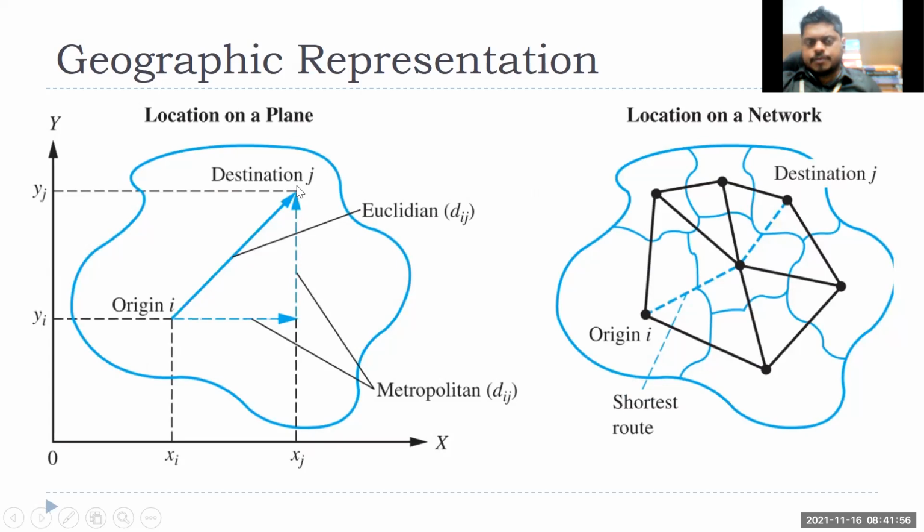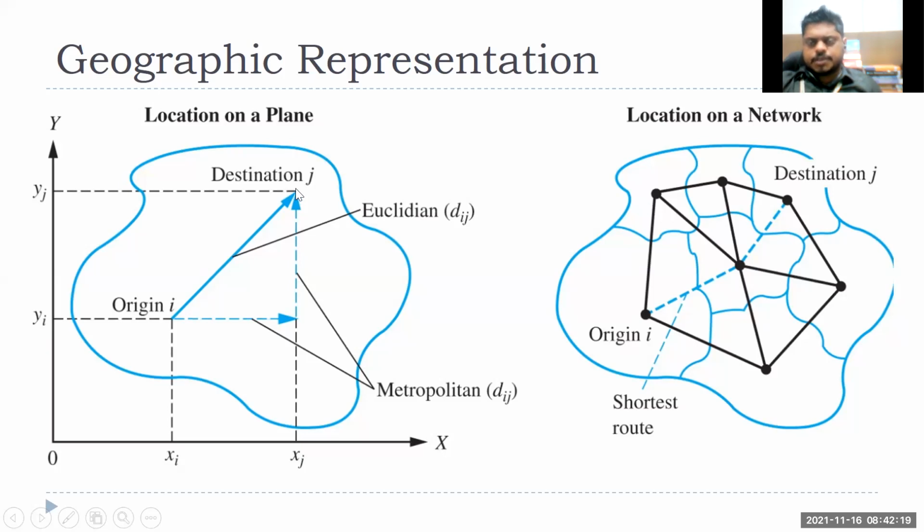Let's say one is at X coordinate 2, Y coordinate 2, and the other is at X coordinate 5, Y coordinate 5.